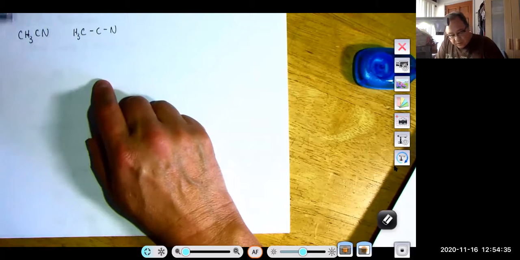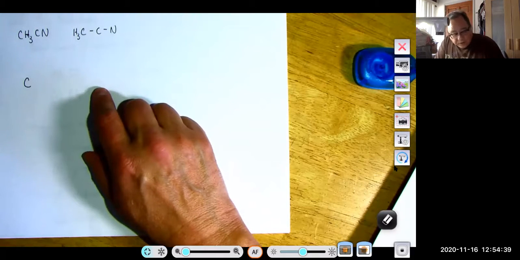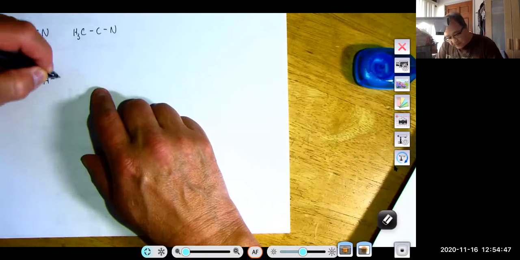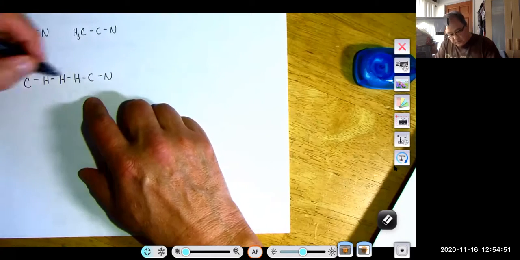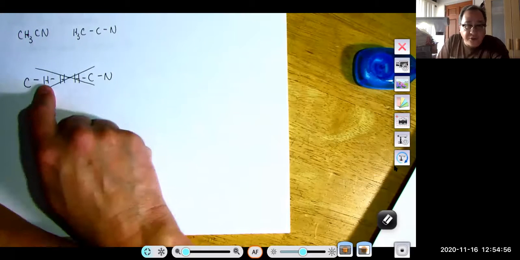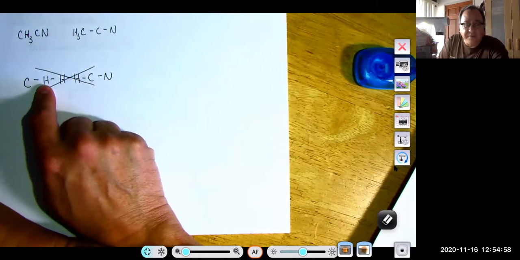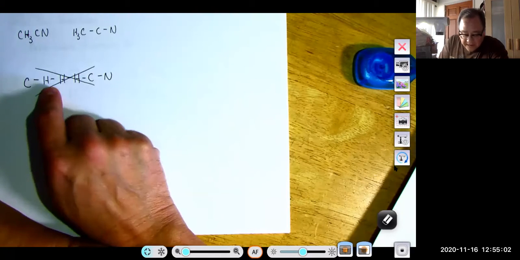Now, I'll tell you, we've already seen that carbon likes to make 4 bonds. And you know hydrogen makes single bonds. So when you see something like this, you know this is wrong. Why do we know this is wrong? And the answer is that hydrogen has 2 bonds. Hydrogen only makes 1 bond. So this clearly has to be wrong.